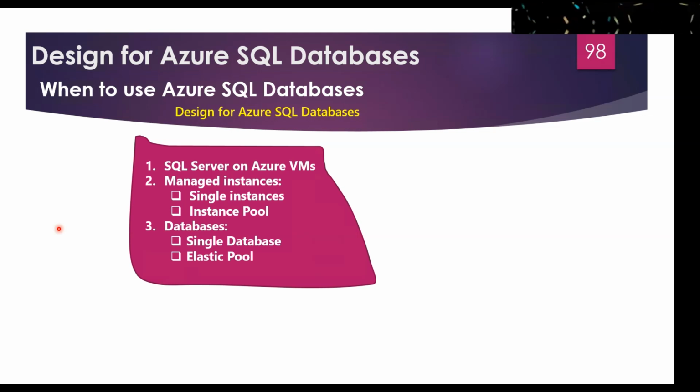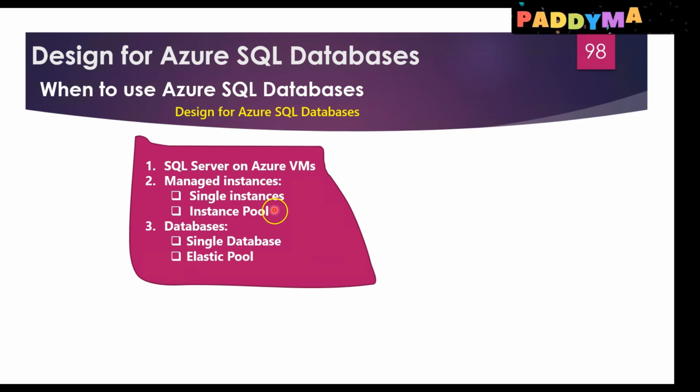What we have here: SQL Server can be installed in an Azure virtual machine. That's the first option. The other one would be the managed instance, meaning the instance will be available directly from Azure Cloud as a PaaS kind of service. This can again be two ways: one would be single instances, or a pool of instances.